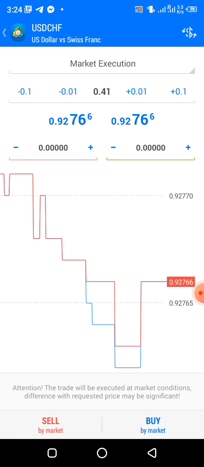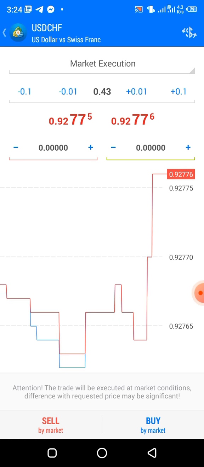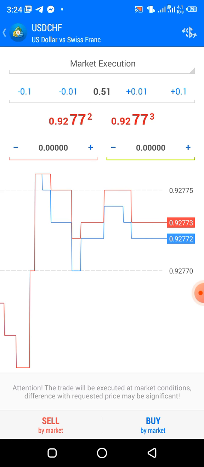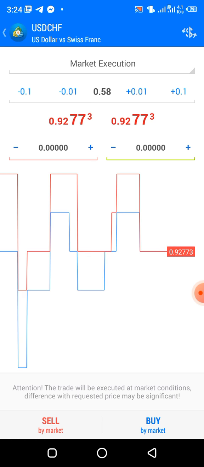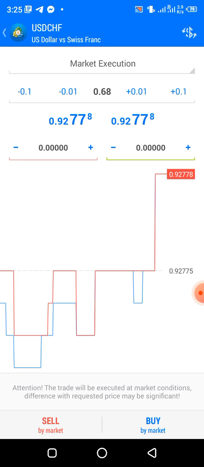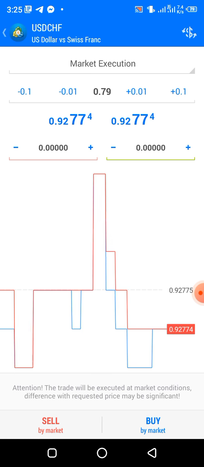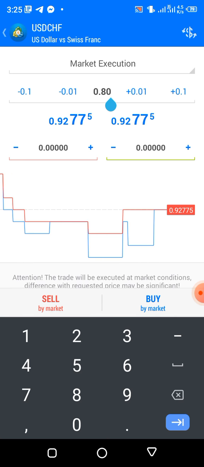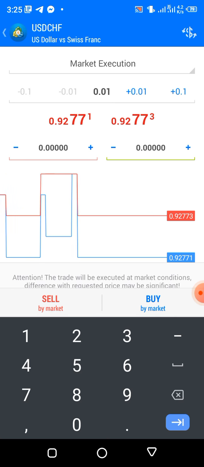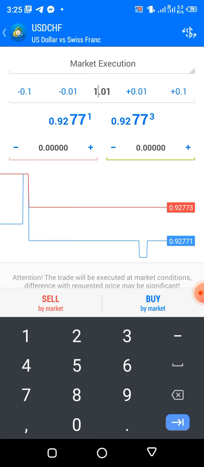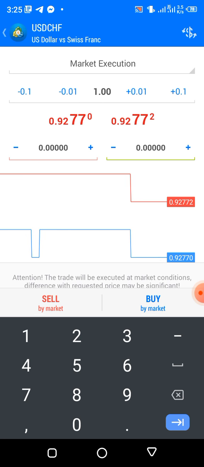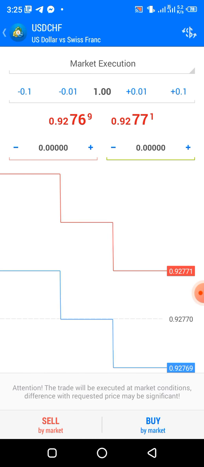And if you tap on this, you'll be adding it multiple times, getting you up to, let's say, a standard lot size. Let's use 1.00, or I can just put my cursor, clear that off and put a standard lot size of 1.00. So with that, I can take this trade.